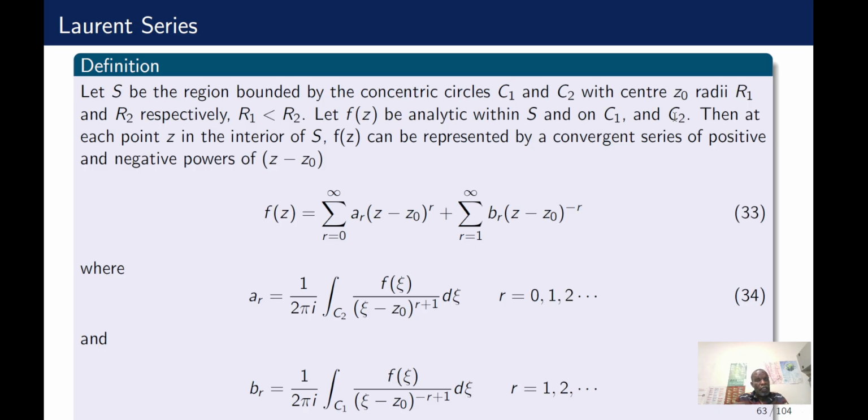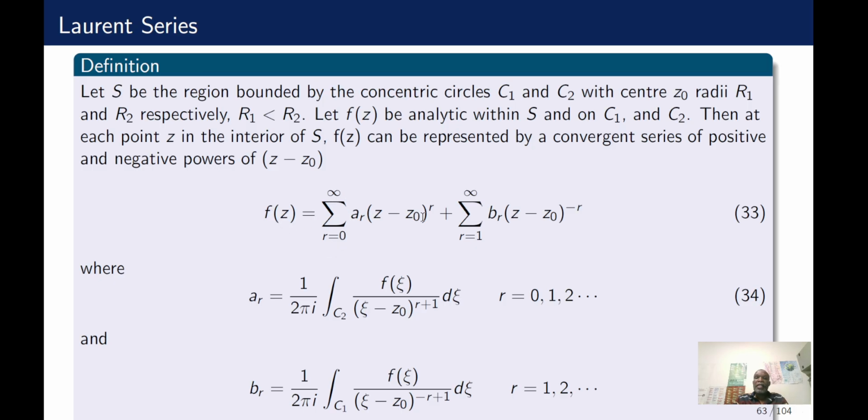So in the interior of the washer, you can actually get a series for every point in the interior of that washer. You can get a series expansion of positive and negative powers of Z. So your f of Z will be the sum over r from 0 to infinity.